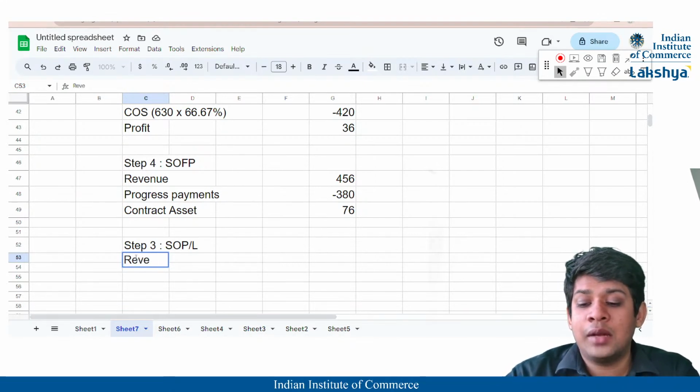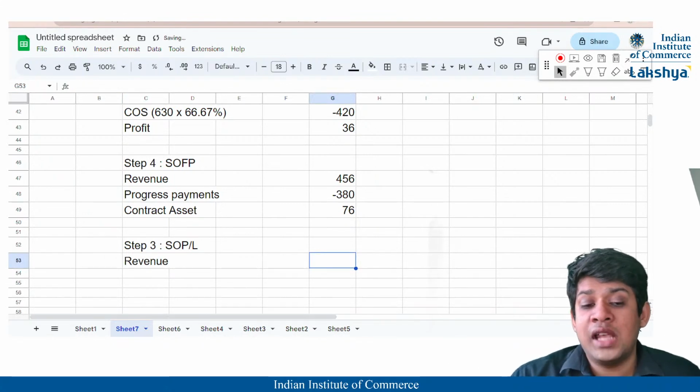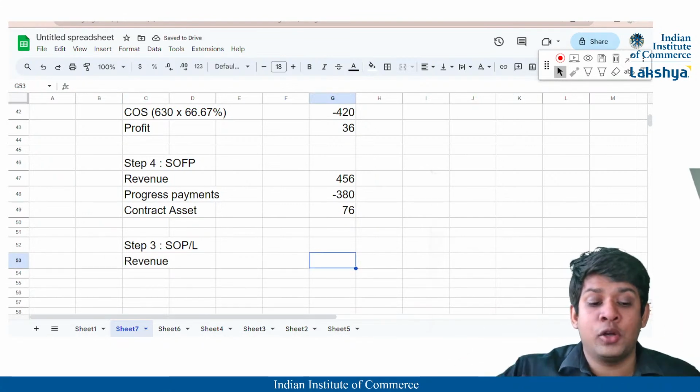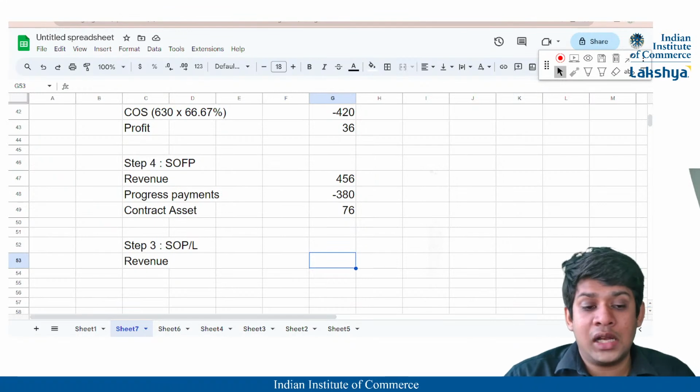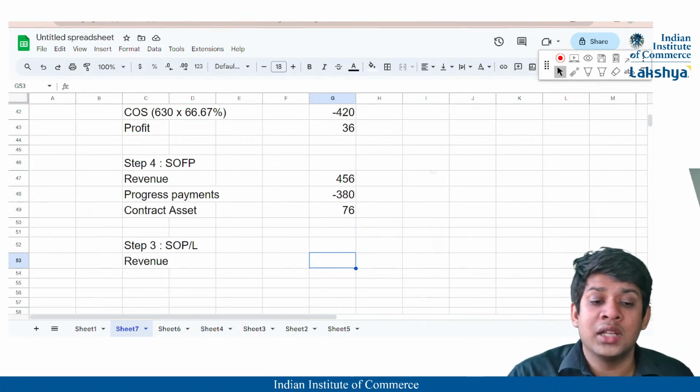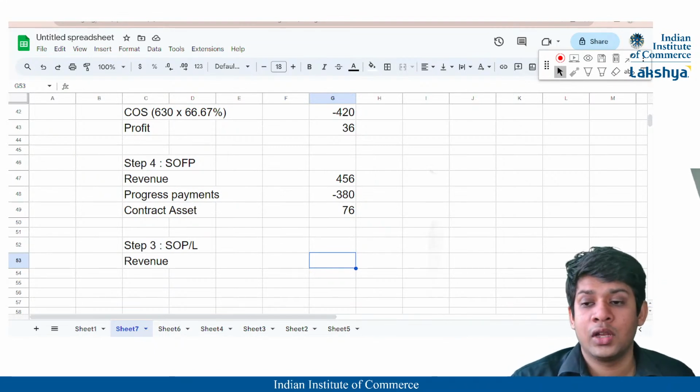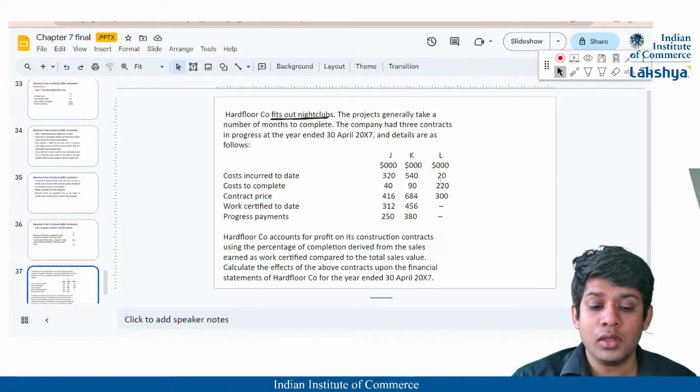So the revenue that can be recognized is simply going to be the costs which are incurred to date. Because see, our expected outcome is that the project is profitable. That means eventually we are going to make a profit, correct? So right now, whatever cost we are incurring, those are recoverable in the future date. So whatever cost we've incurred to date, that much work we've done, so that much we can recognize as revenue, right? So it will be the cost incurred to date, which is 20.